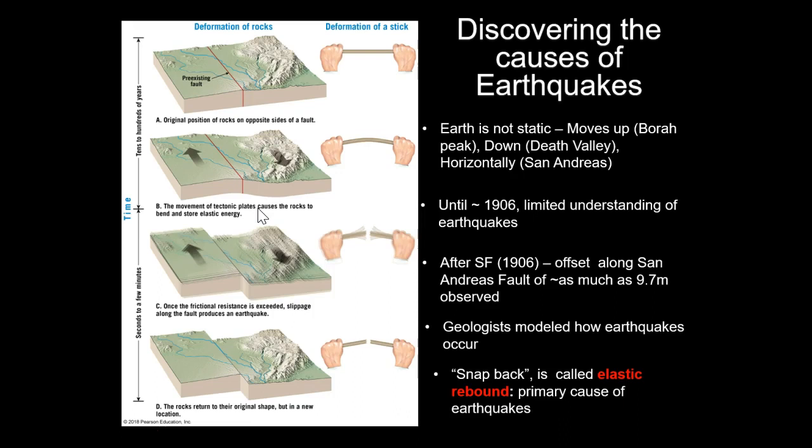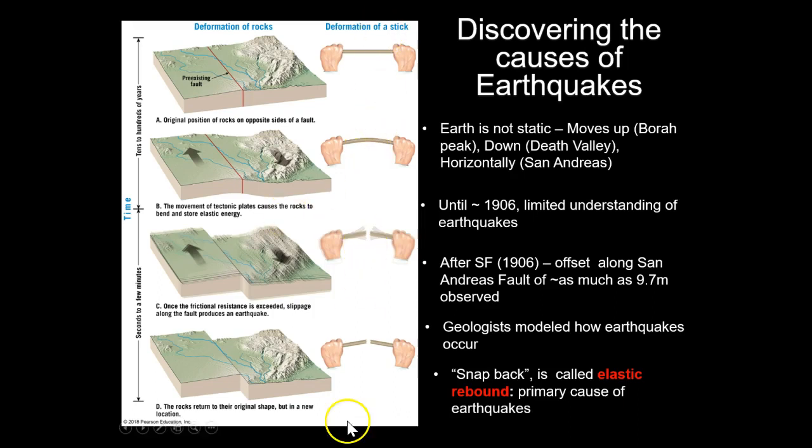After Reid did these investigations, he concluded that over tens to hundreds of years, differential stress will slowly bend the crustal rocks on both sides of a fault. This is much like a person bending a wooden stick, like you're seeing over here.